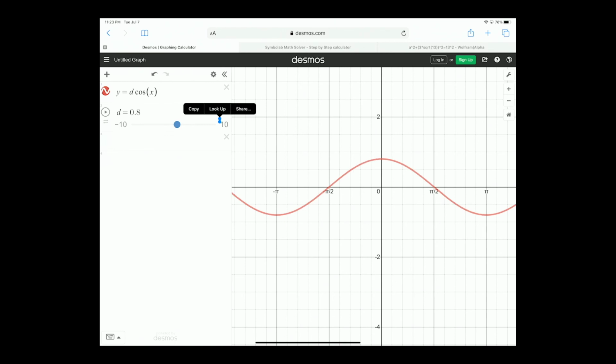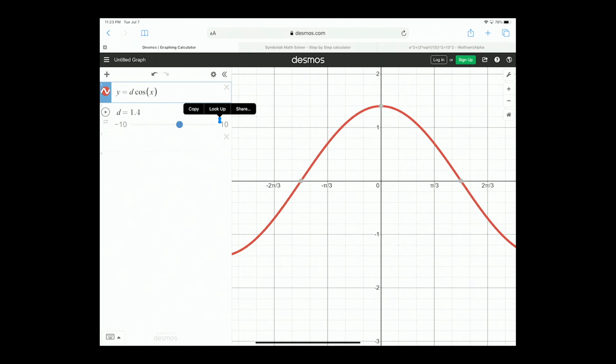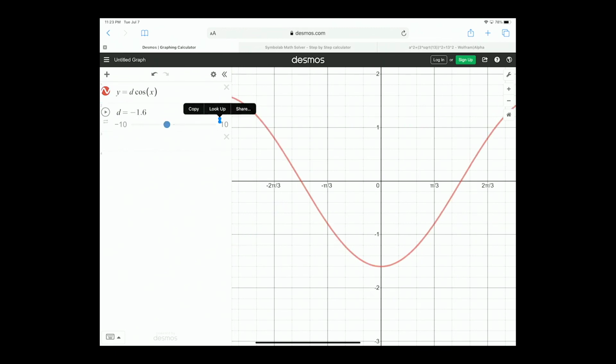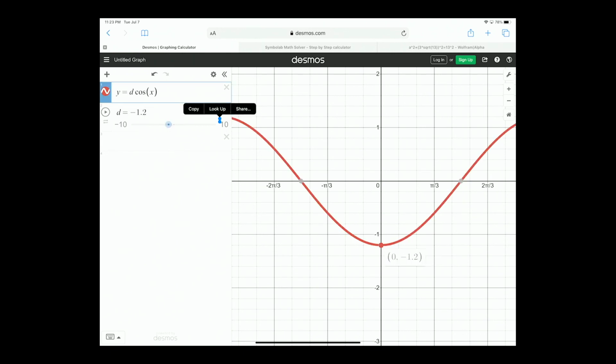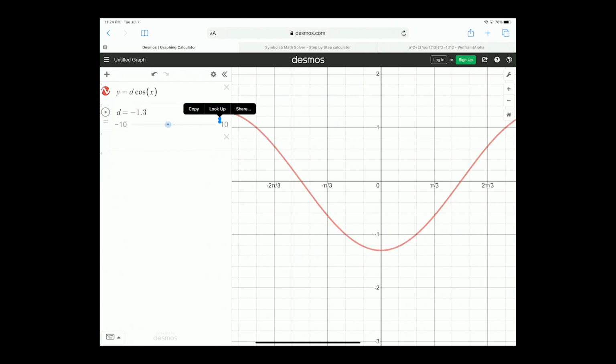Cosine normally has a peak at 0, that's where the highest value is. But if you go to a negative value, then instead of being at the top of a peak, it's at the bottom. So positive value, it's like that. Negative value, it's like that, upside down.